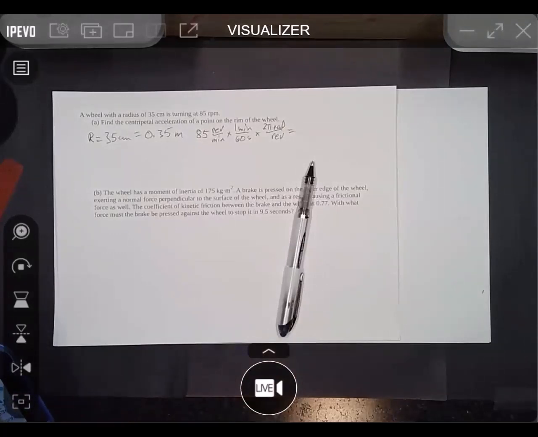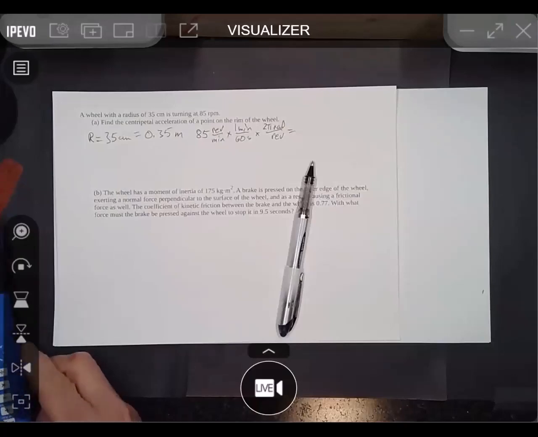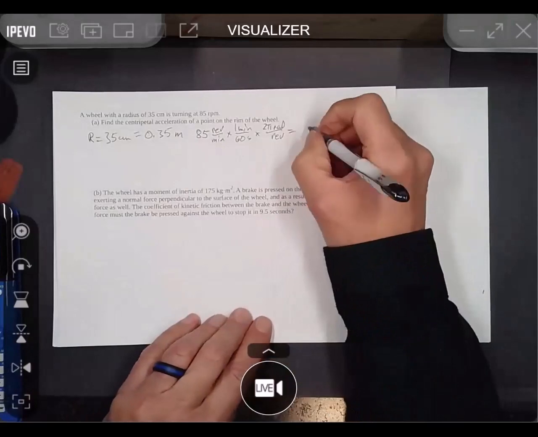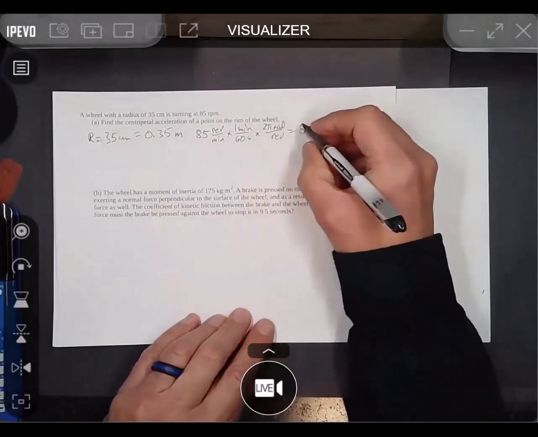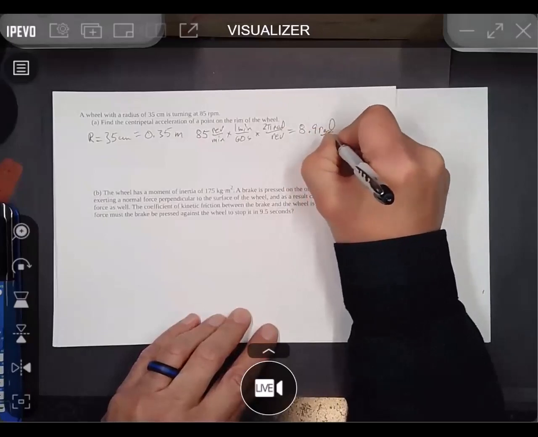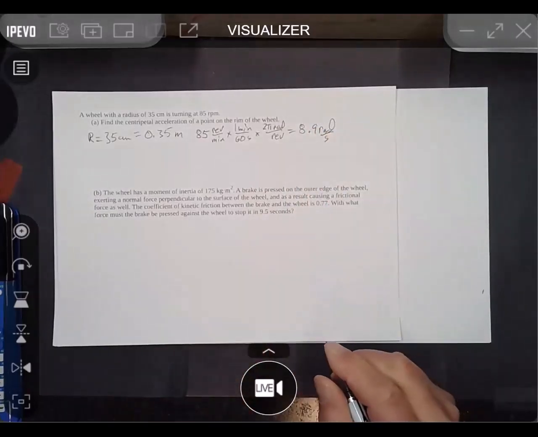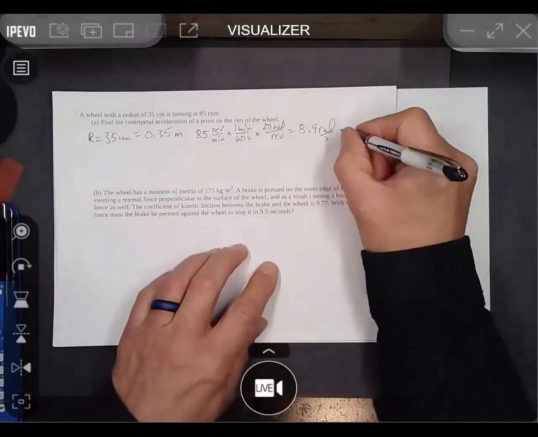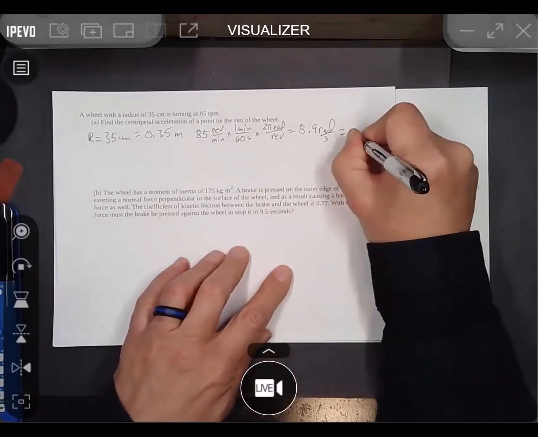So 85 times 2 pi divided by 60. And I get about 8.9, and we've only got two significant figures here, radians per second. Okay, and that is omega.